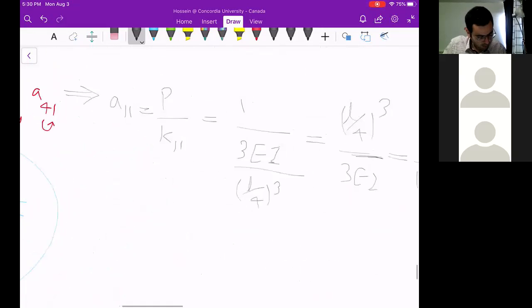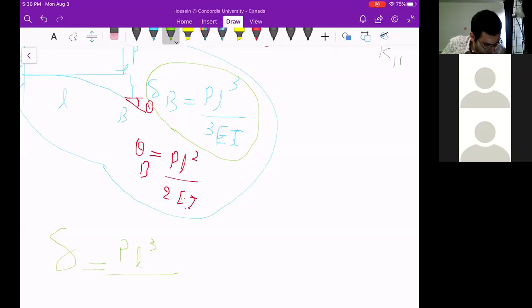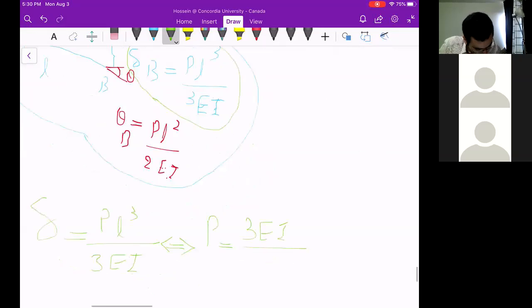So here, if you take a look, deflection is PL cubed over 3EI. Therefore, force is 3EI over L cubed multiplied by deformation at the tip.